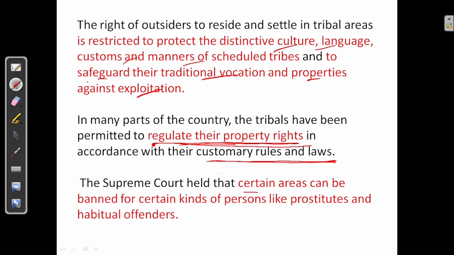The Supreme Court held that certain areas can be banned for certain kinds of persons like prostitutes and habitual offenders. Habitual offenders are persons who commit theft or create public disturbance regularly. They can be banned in certain areas.